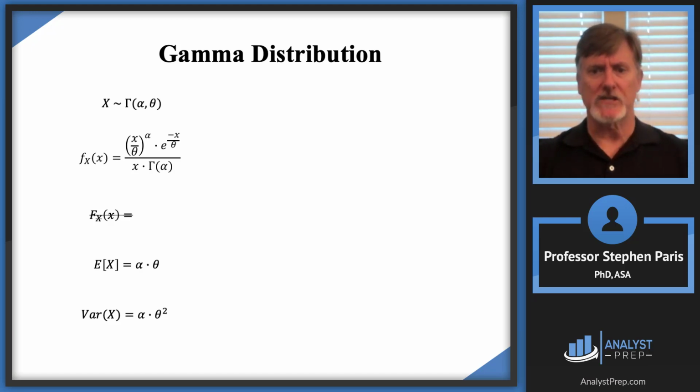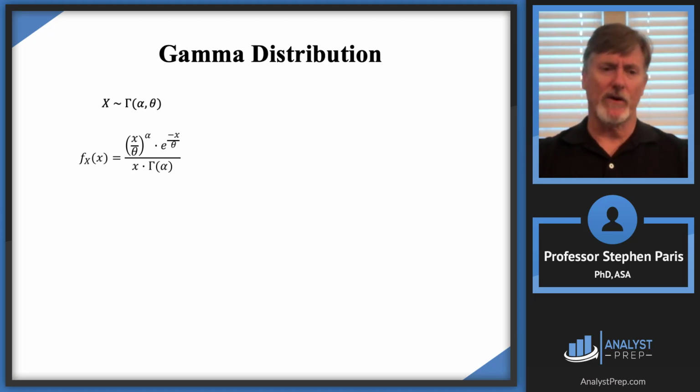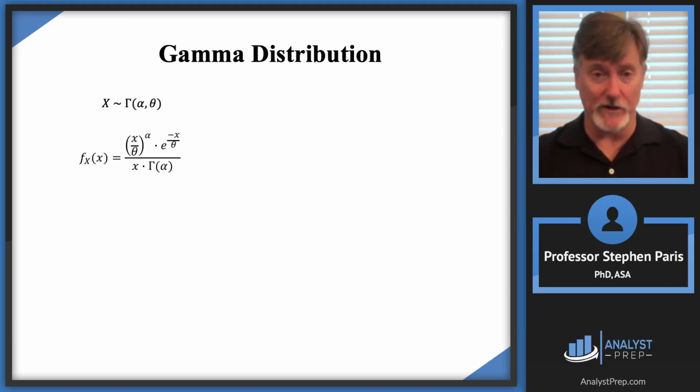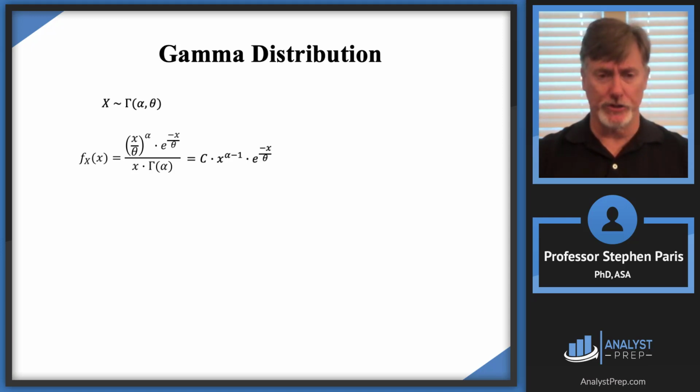But for now, going back to this density function, I wouldn't memorize that density function. I wouldn't commit that to memory. But what I want to do is recognize that the density function is equal to a constant times, let's look at the numerator. The first factor in the numerator is x over theta to the alpha power.